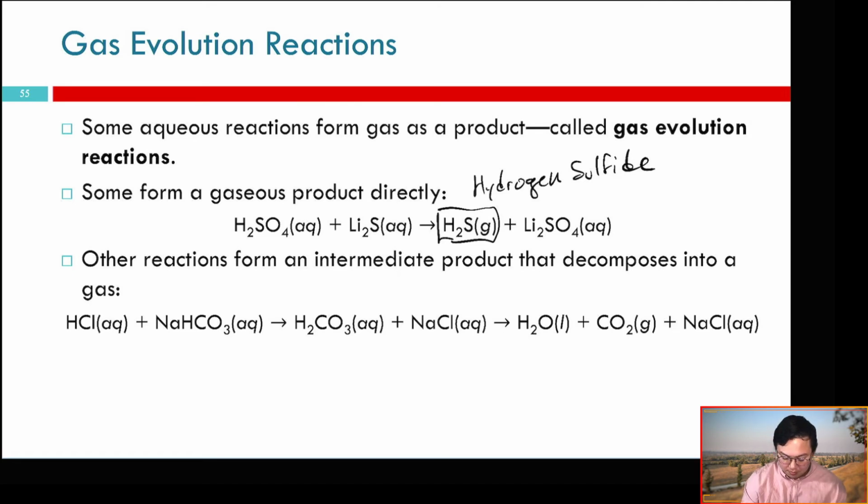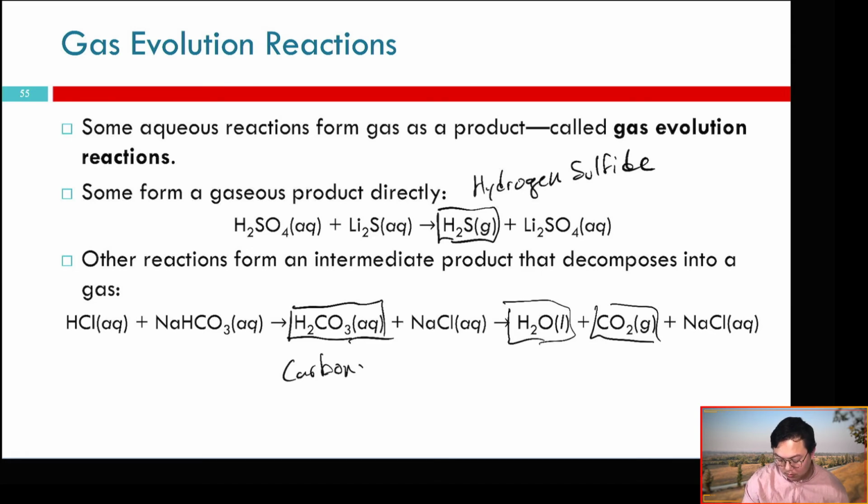So carbonate forms an intermediate first. So you go from, in this reaction, HCl plus sodium bicarbonate gives us carbonate. That carbonate then decomposes into H2O and CO2. And so that's going to be another type of gas evolution reaction.